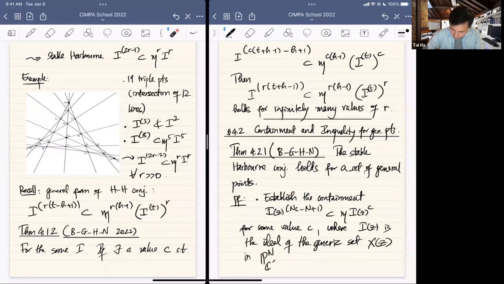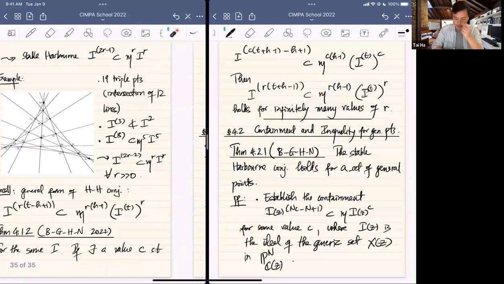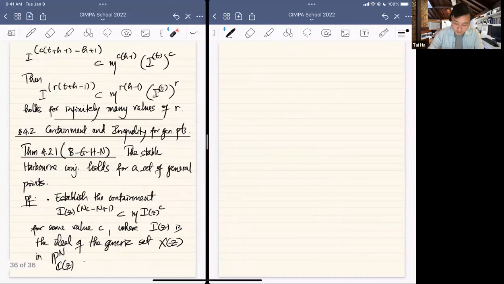In this space when we enlarge the ring, the field. So that's the first step.